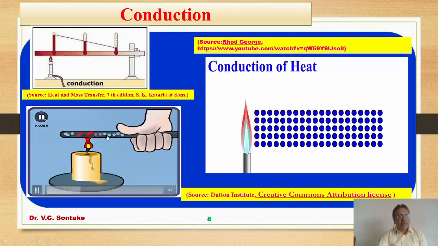Here, the left hand of the rod is being heated. Let us say this rod is made up of so many molecules. Initially, when the rod is being heated, its molecules are at room temperature, so their color is shown by white color.